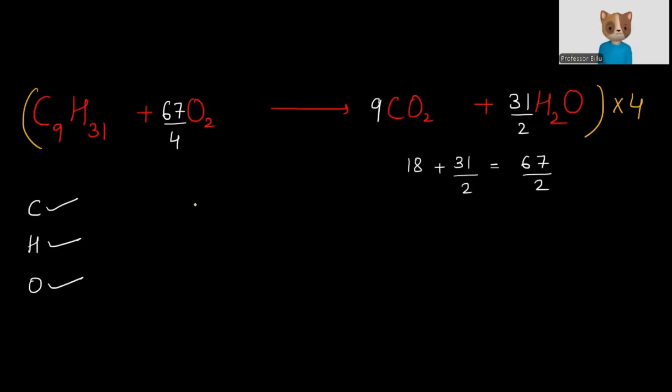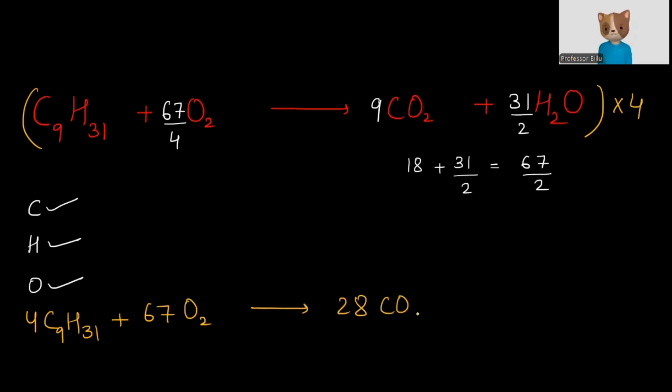Now, check the final reaction. This is 4C9H31 plus 67O2 gives you 28 CO2.